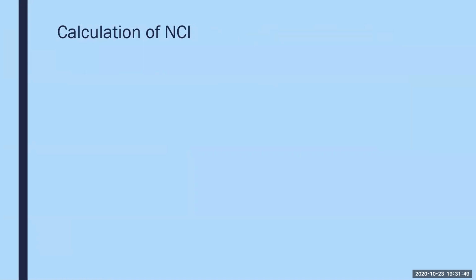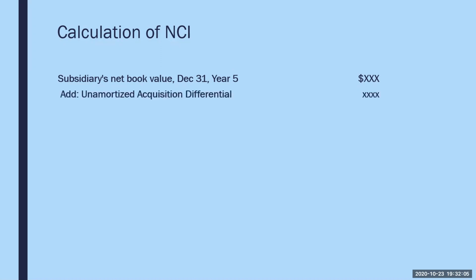And here's how the calculation goes. You take the subsidiary's net book value on the date of calculation. So this is December 31st, year 5. Net book value is basically common shares plus retained earnings. To this amount, you add the unamortized acquisition differential from step 3.